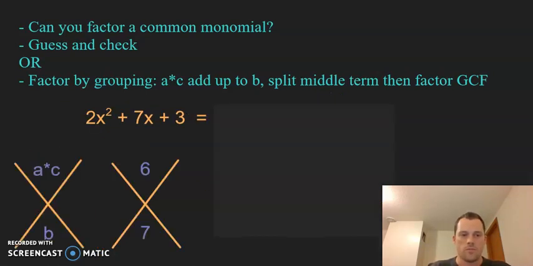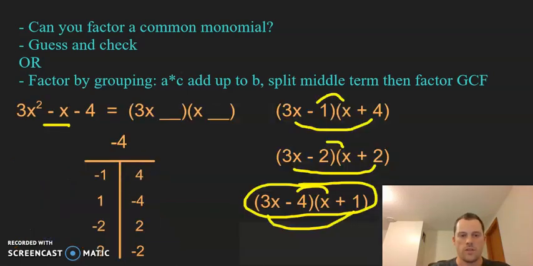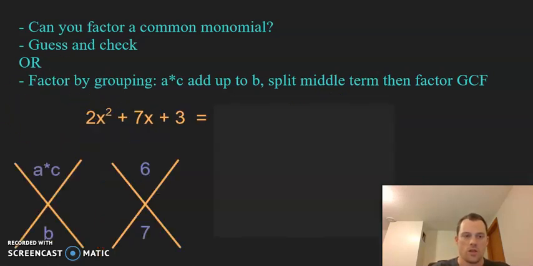Now the other method is to factor by grouping. So if you are visual, if you kind of need to write things out, and it's not easy to think about what these 2 numbers are going to be in your head, and multiply those two terms to combine and get your b value, you might want to try the factor by grouping.